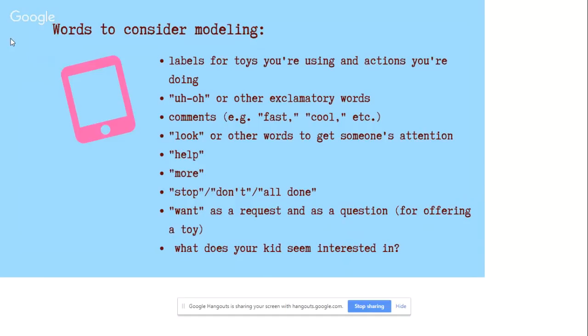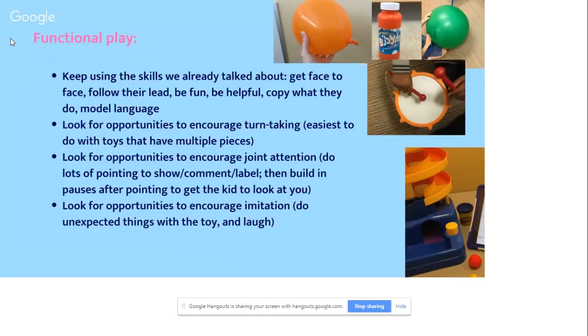All right, for kids who are at the functional place, who are interested in functional play, I should say, you're going to keep using all the skills that we already talked about for being a fun play partner. You're going to get face-to-face. You're going to follow their lead, be fun, be helpful, copy what they do, and model language.